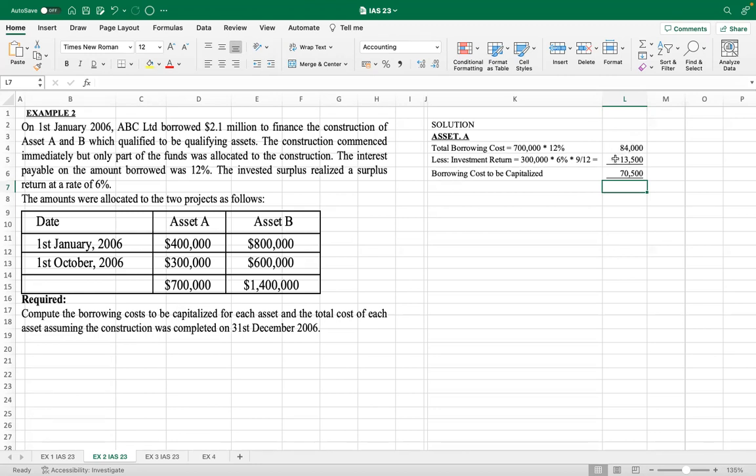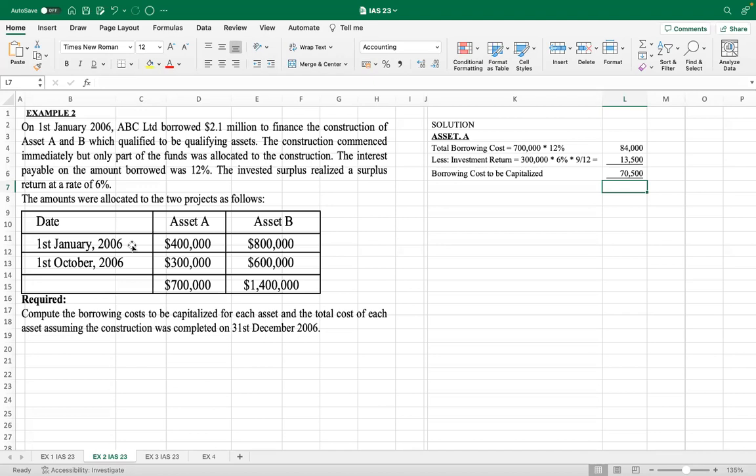Now, out of the 84,000, we made some investment, and we said any investment return should reduce the amount to be capitalized. The 300,000 was not being used immediately, was not being used on 1st January. It was being used from 1st October until December.